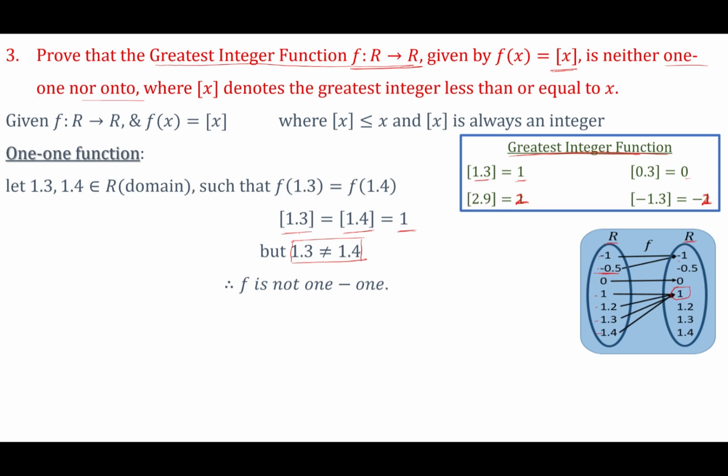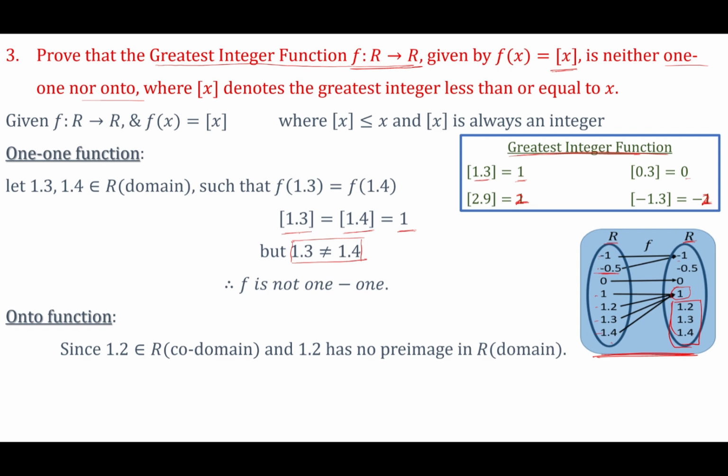Now we have to prove it is not onto function as well. If you see the figure, if you see this picture, all these elements of set B do not have any pre-image in domain. So it is not an onto function. If I give you one example, it's more than enough.